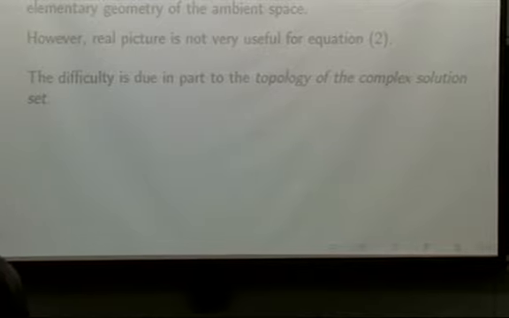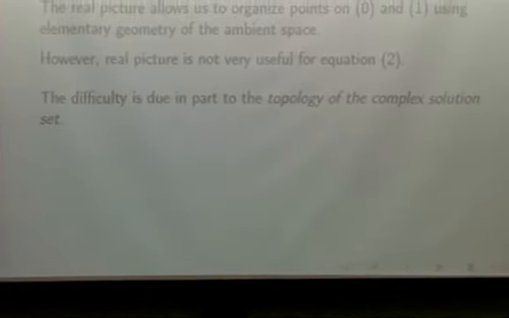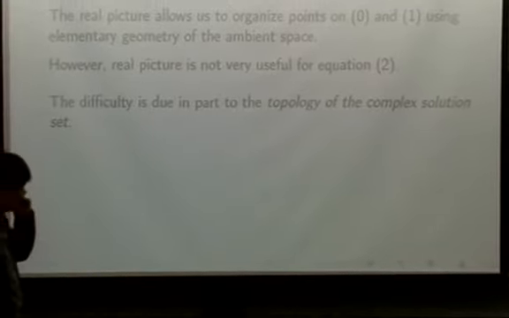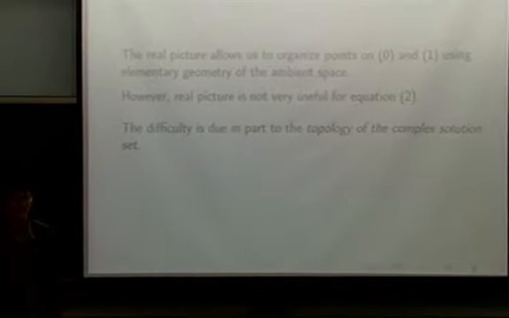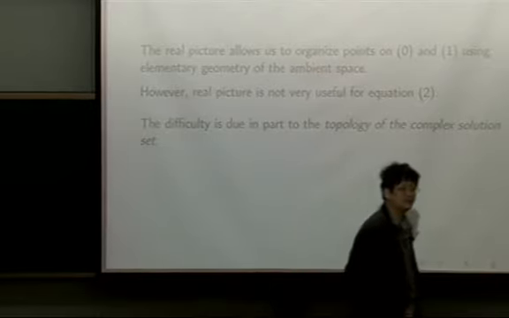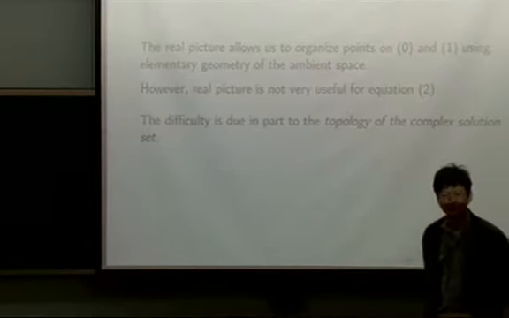Now, the fact is that part of the difficulty is related, not necessarily to this real algebraic curve picture, but actually to the topology of the complex solution set. Okay, so we were interested in rational solutions, right? And I pointed out that in some cases you analyze rational solutions using the real picture.